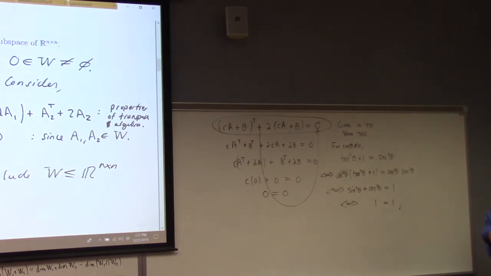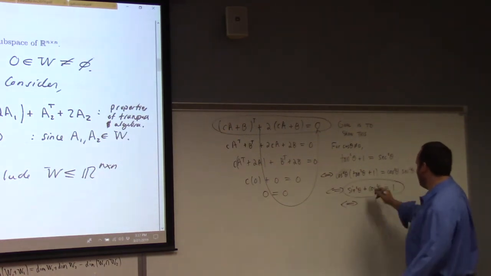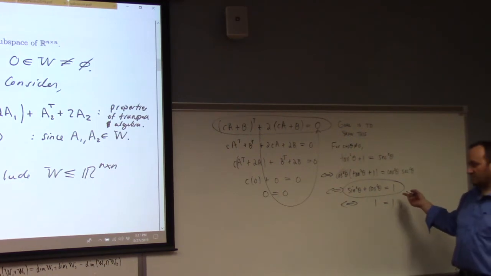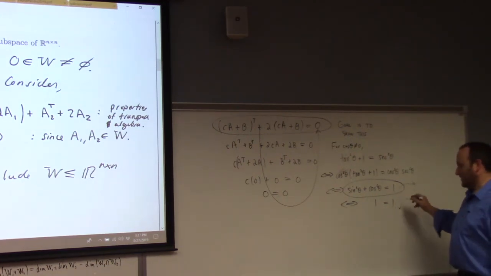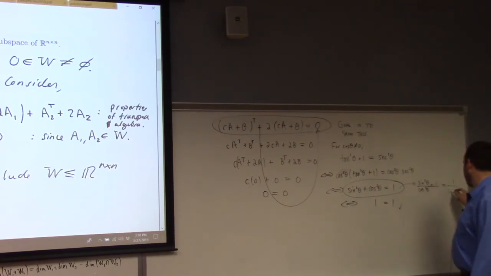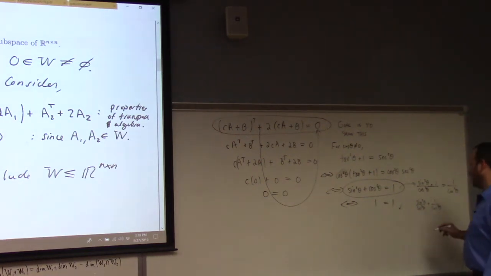I still don't like it as a proof, though. I much prefer to start here, assume that cosine squared is not equal to 0, so divide by cosine squared and go that way. Oh, wait a minute, I'm an idiot.